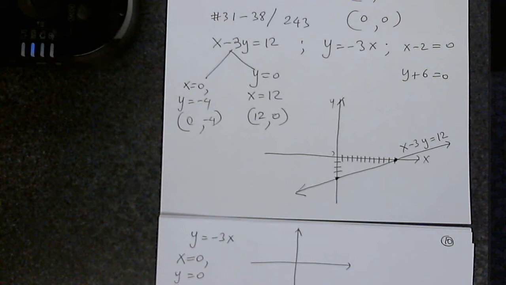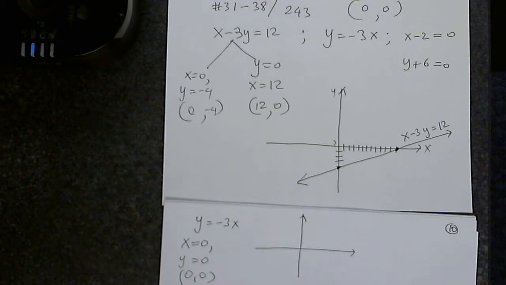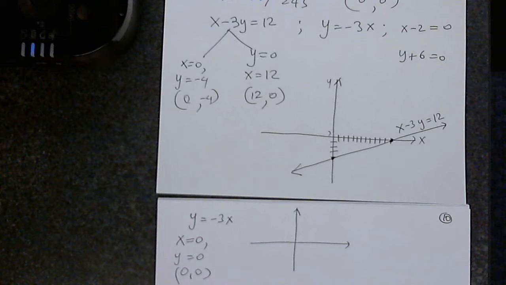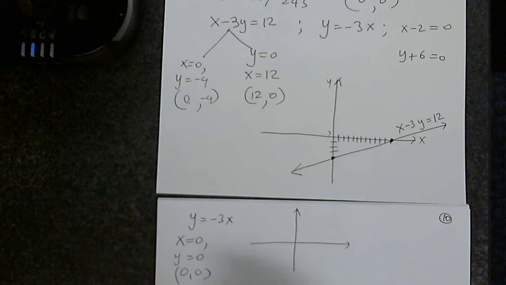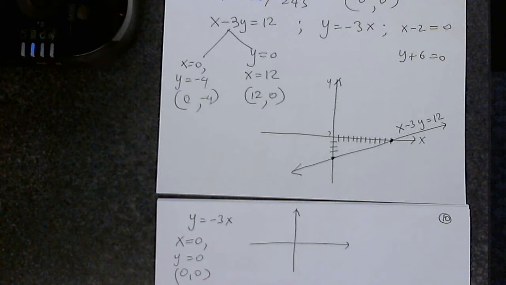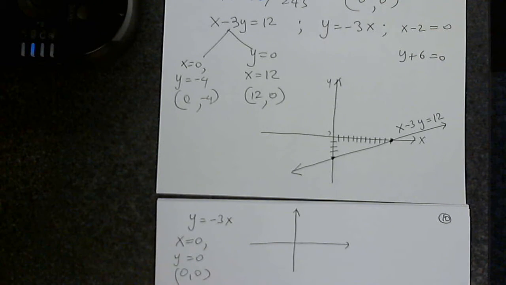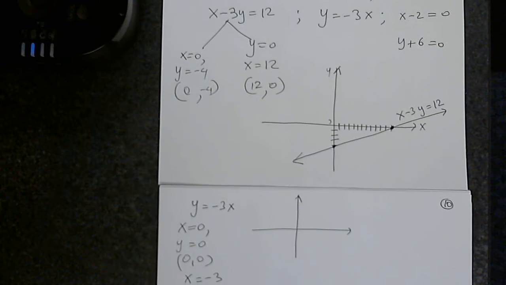And now I need another point. So say x equals... I don't want 33 because it's going to be... No, it's a negative 3. Oh, negative 3. Okay, negative 3 is good. Sorry about that, I misheard. So then y is 9, very good. And the ordered pair is?